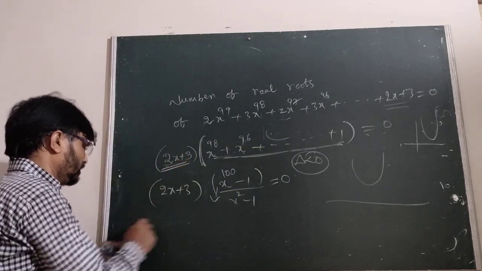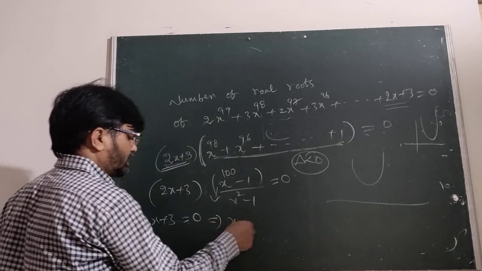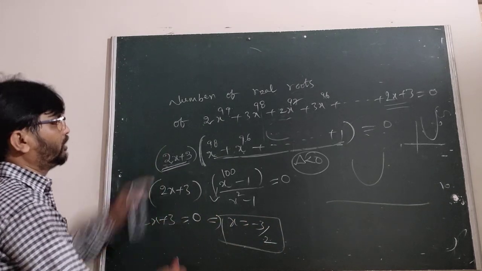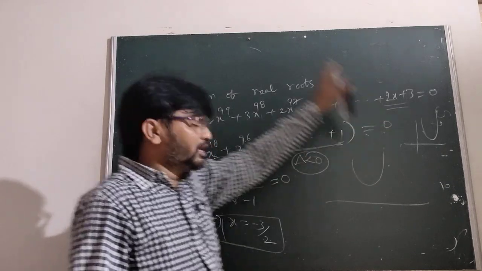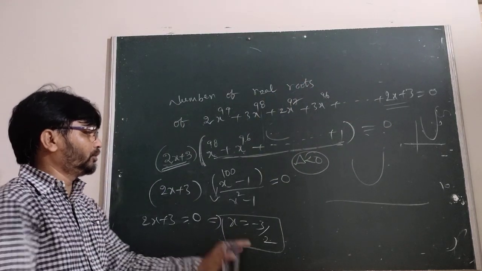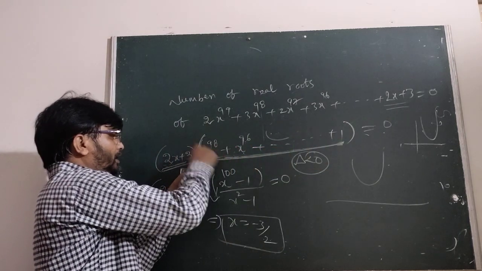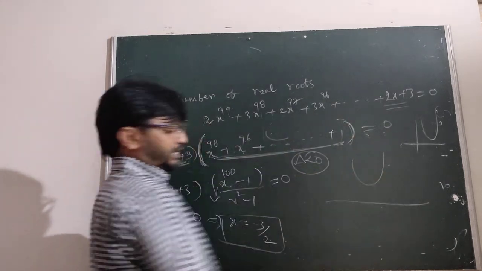Now we take only 2x plus 3 equal to 0. That means x equals minus 3 by 2. This equation has only one real root, that value is minus 3 by 2. But the complete other part lies above the x-axis.